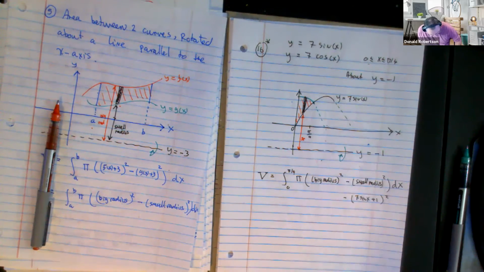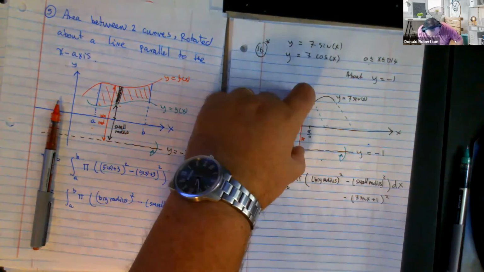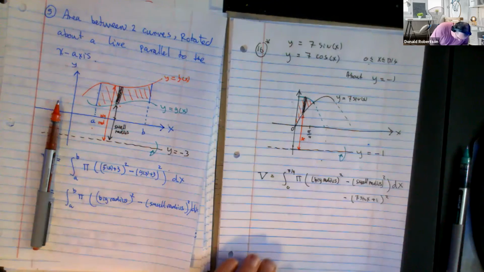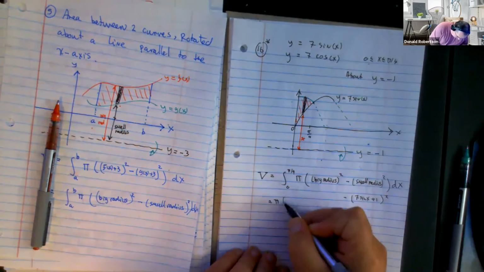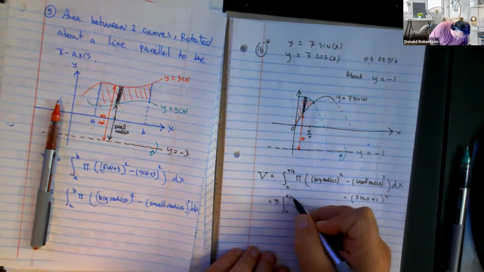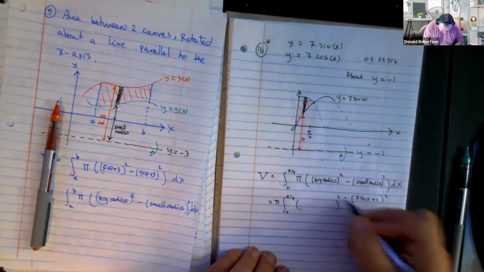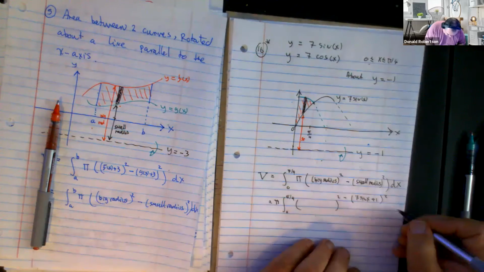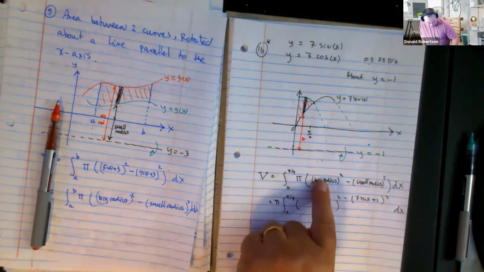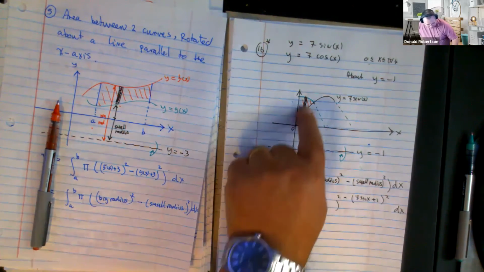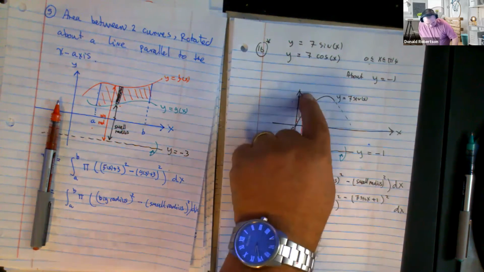Now, what's going to happen with the big radius, the green one? Well, maybe you could tell me. Things are really out of script, but pretend they're in the same line. What's the distance from this axis to the top of the green? From there to there. What is it?